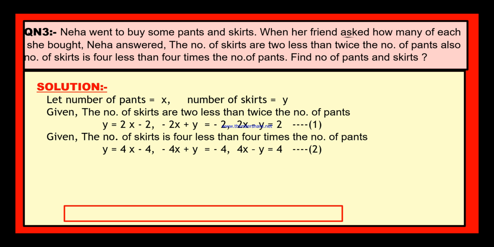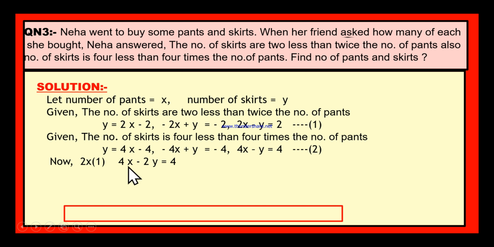In order to solve this, if we observe the first equation, the x coefficient is 2 and in the second equation the x coefficient is 4. Therefore, let us multiply the first equation with 2. Why? In order to equate the x coefficients.